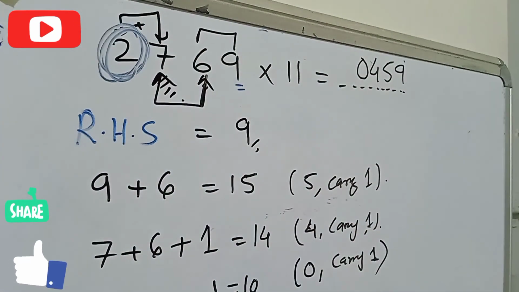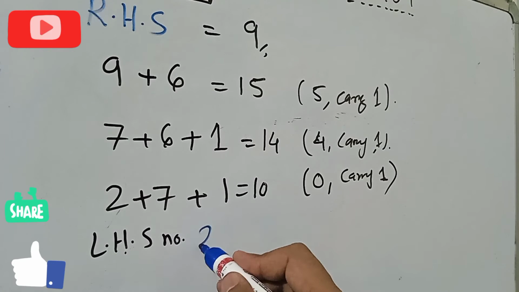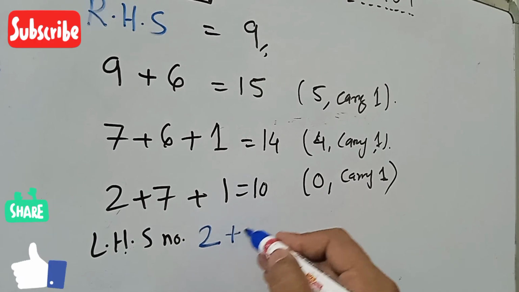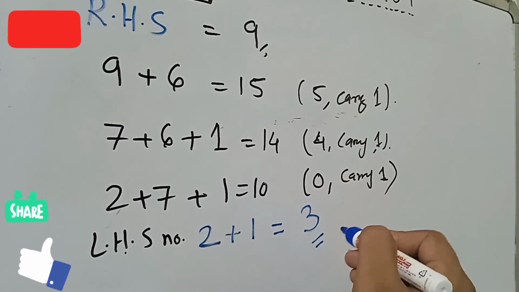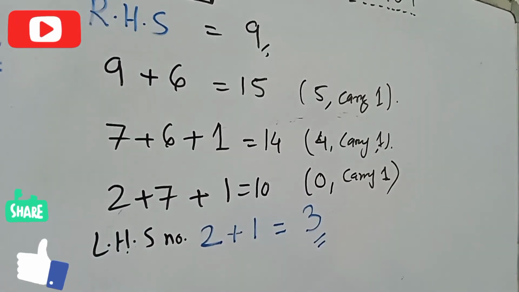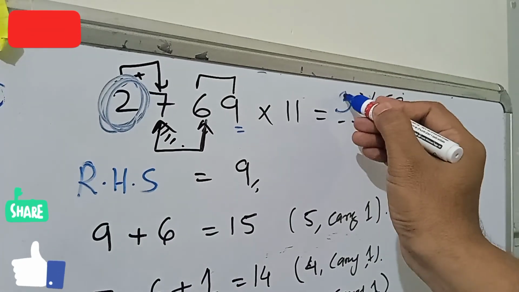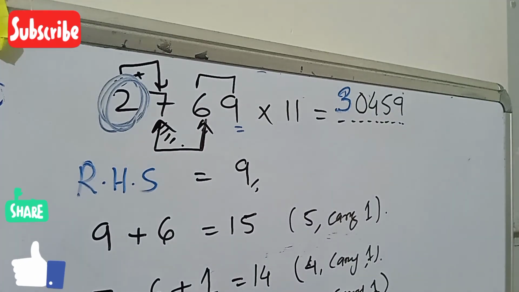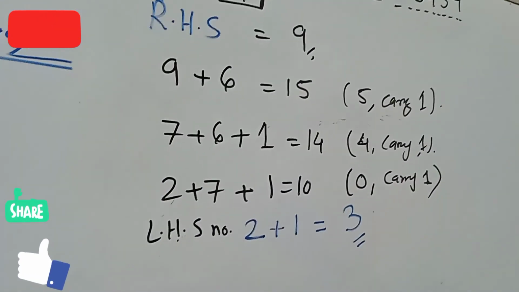Now in the LHS we have this 2, left hand side number plus carry 1, which comes to 3. Now all my numbers are over. Now this 3 I have to take up in the answer. Now my answer is 30459. I have started with the RHS and ended at the LHS.